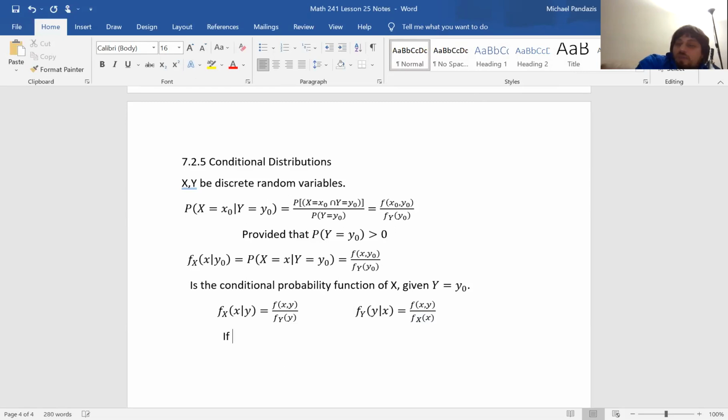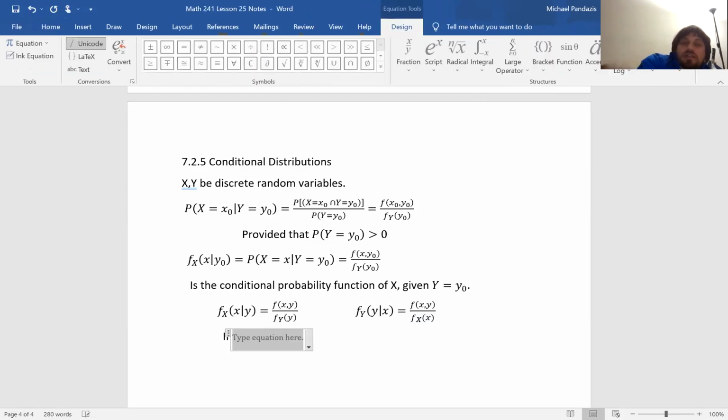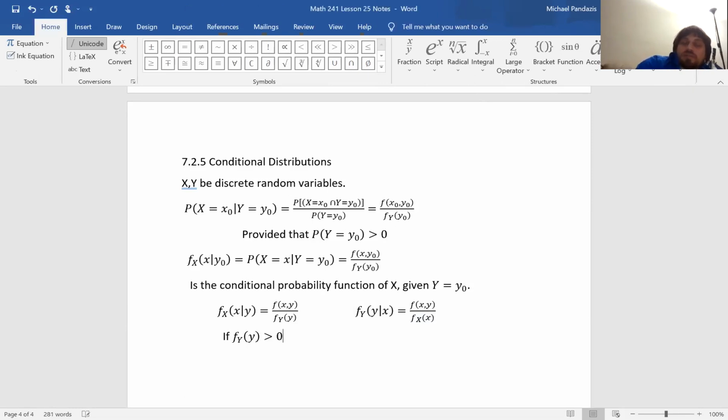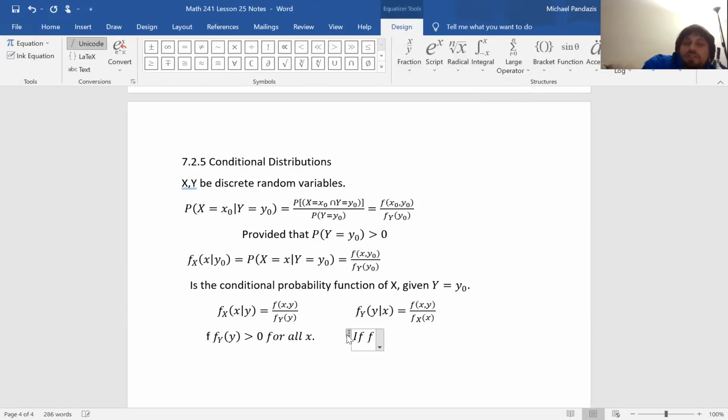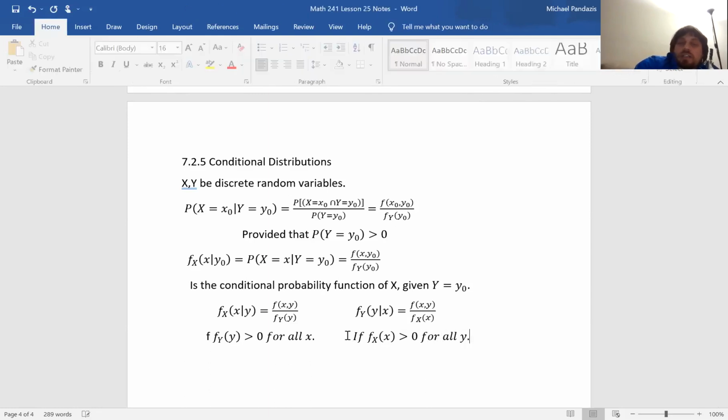Okay, and so this left equation is if f sub y of y is positive for all x. And the right one is if f sub x of x is strictly positive for all y.